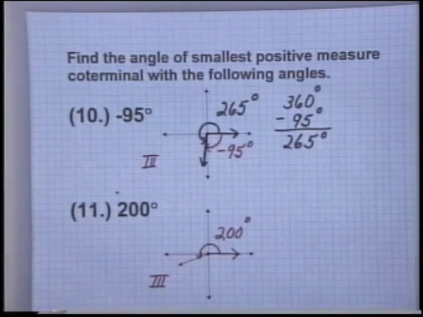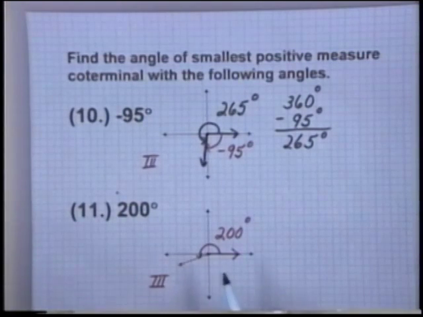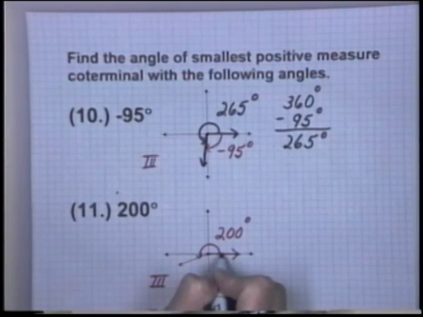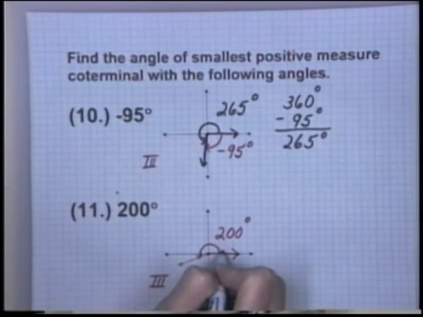Let's label it. Now, if we want to find a positive angle that is coterminal with 200, what we will do is we will start with initial side positive x.